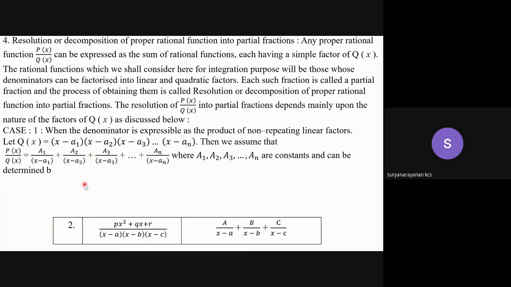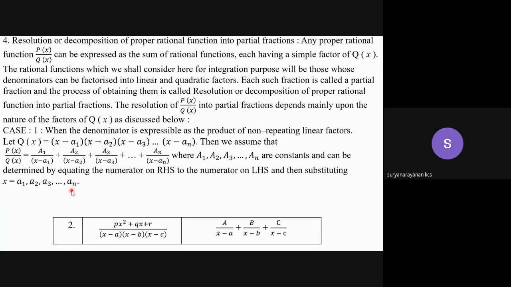Then the given rational function can be decomposed into partial fractions. These values A1, A2, A3 and so on, An can be found by equating the numerator on RHS to the numerator on LHS, substituting x equal to a1, a2, a3 and so on, an. Then we get the values of A1, A2, A3 and so on, An.